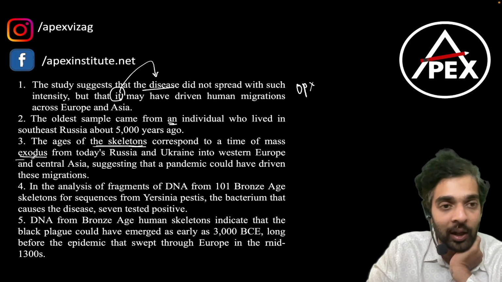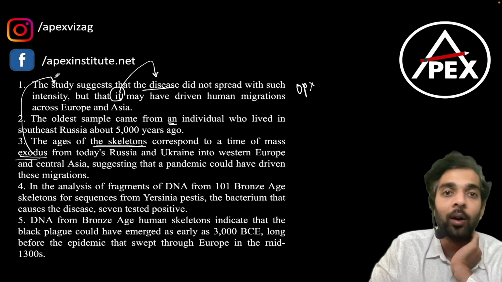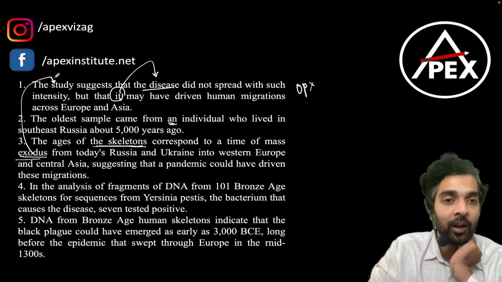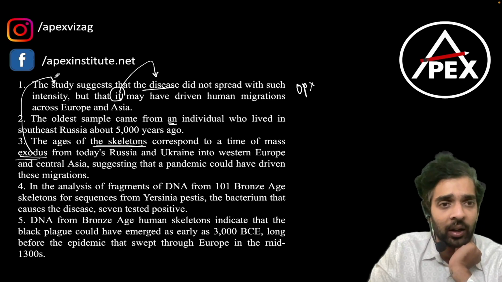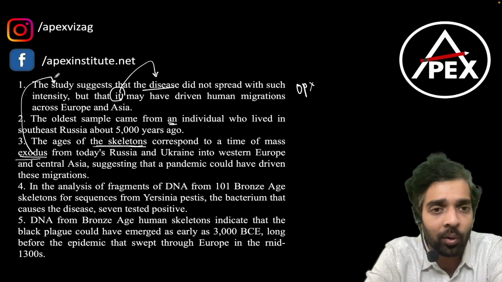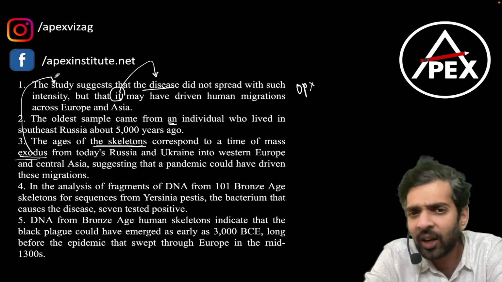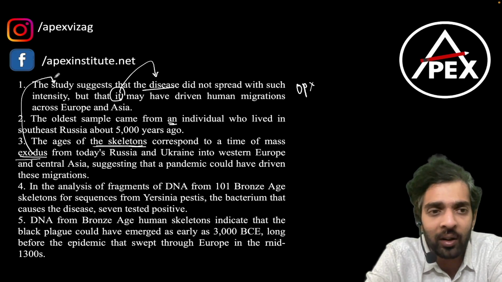Again, this word exodus tells me that it has some relation to migrations. Yes, a mass exodus from today's Russia and Ukraine into Western Europe and Central Asia, suggesting that a pandemic could have driven these migrations.